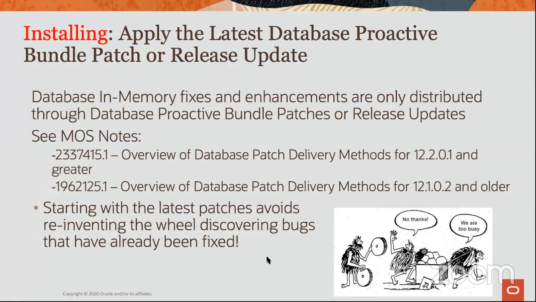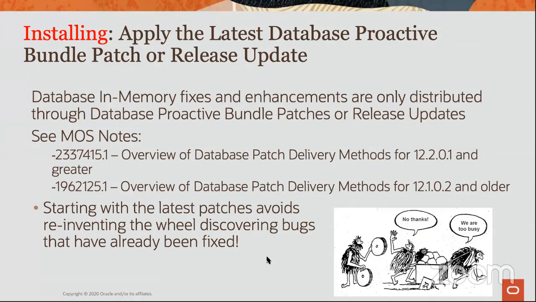In addition to that, especially with 12.1.0.2, which came out in like 2014, so it's actually quite old now, it's surprising. But with 12.1.0.2, we had something we called Database Proactive Bundle Patches.